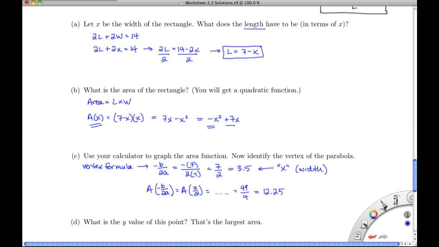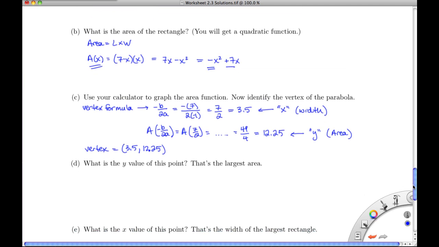So if you used your calculator and got 7/2 or 3.5 and 12.25, then you did this correctly. This is the y coordinate of our vertex, or the area, because this is the function output. As a summary, our vertex is the point (3.5, 12.25).